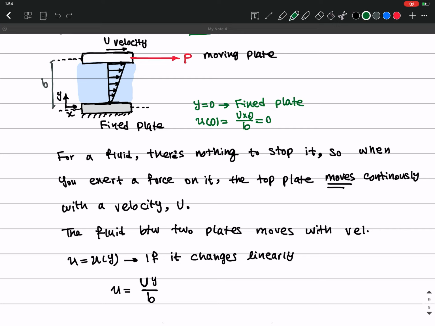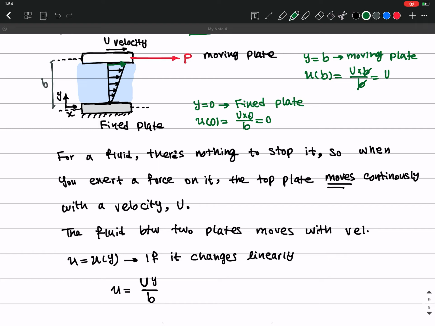And at the moving plate, y is going to be b, right? So we are at the moving plate, and so u at b is going to be U times b over b, which these two cancel out, and so the velocity is going to be U, and that is what we expect, right?